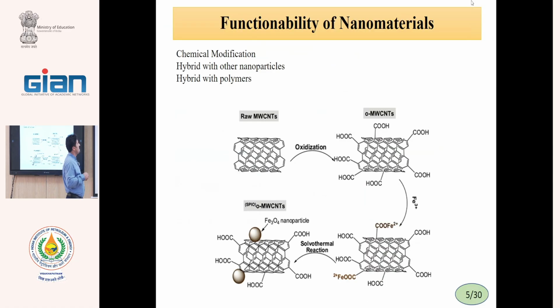One of the most important properties of the nanomaterials is that we can chemically modify the nanoparticle surface for changing the properties. In literature, you can find at least maybe 100 modifications for carbon nanotube, for graphene. Graphene and carbon nanotube are carbon-based and can be prepared from graphite.